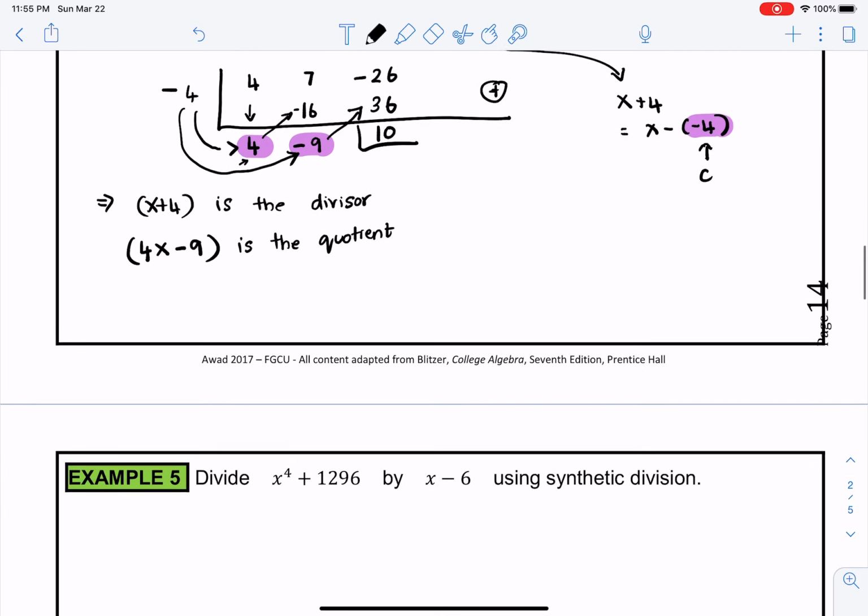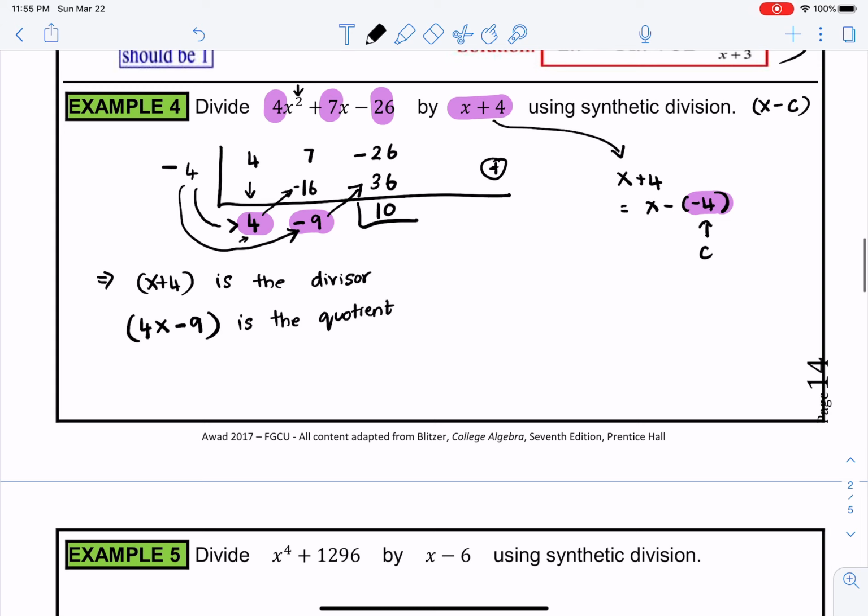So the original polynomial 4x squared plus 7x minus 26 would equal to the divisor multiplied by the quotient plus the remainder.